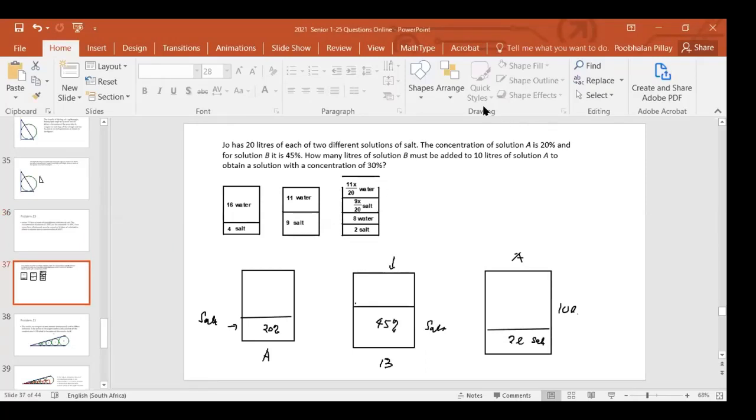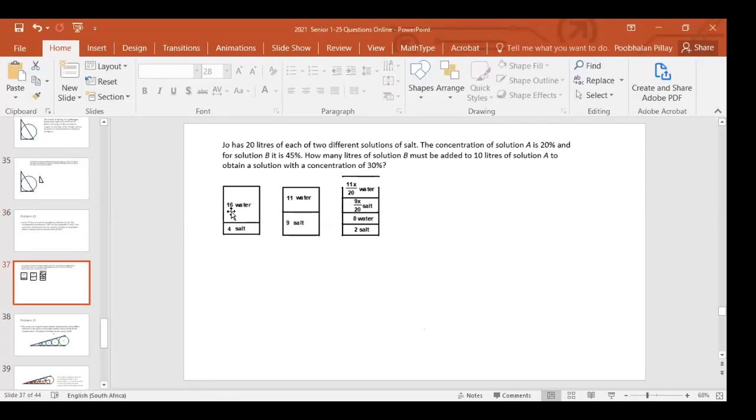Originally you had 4 salt and 16 water. I should have done that right from the beginning. 20% is 4 and 16 here. And your 45% is 9 over 20. So it's 9 salt and 11 water. So that's what you got.